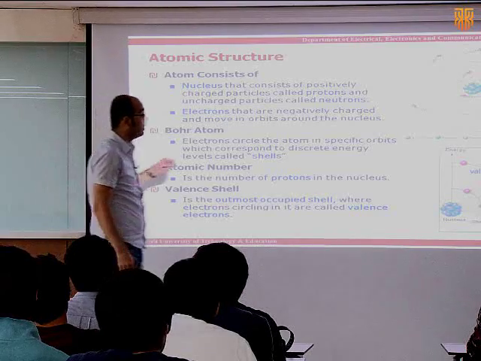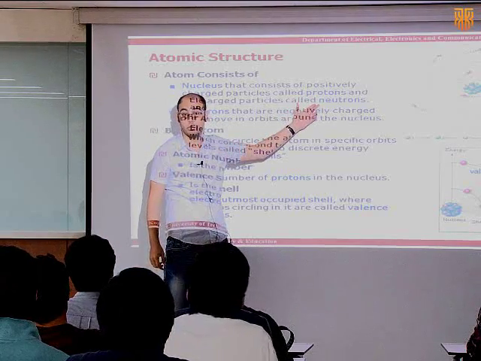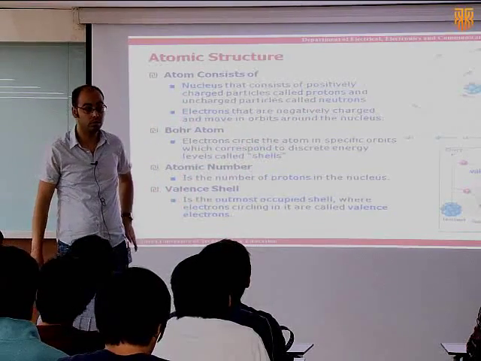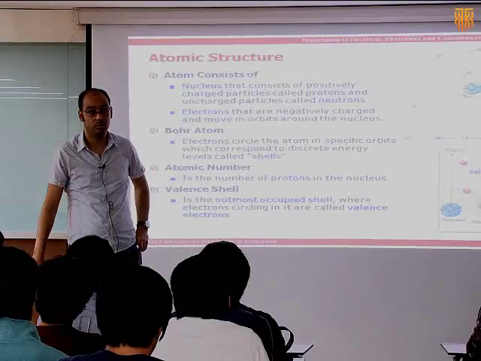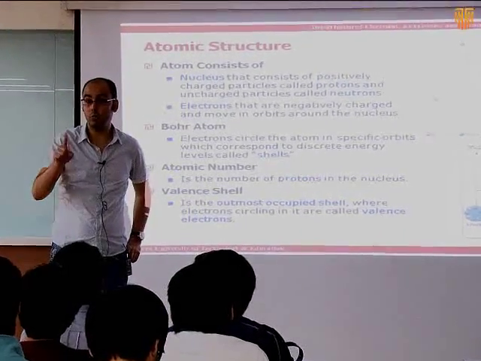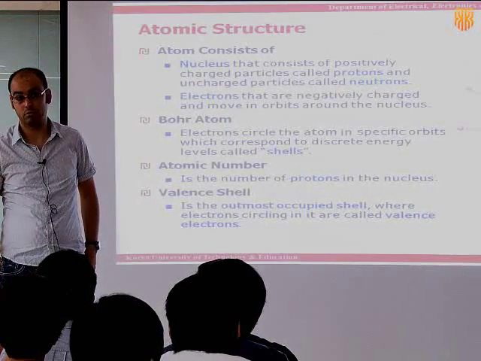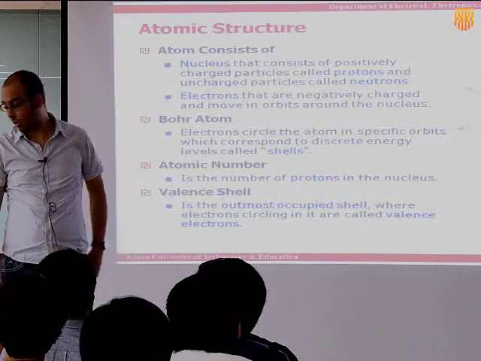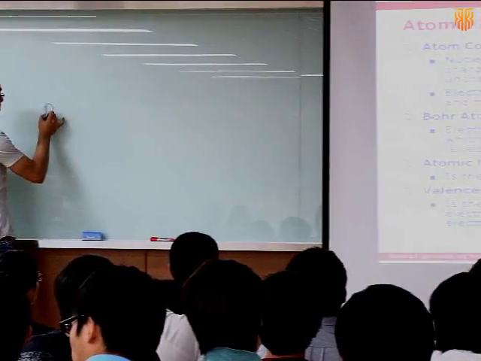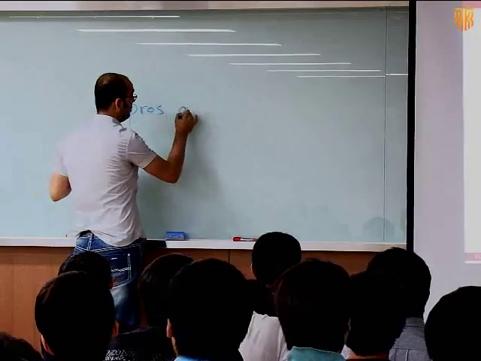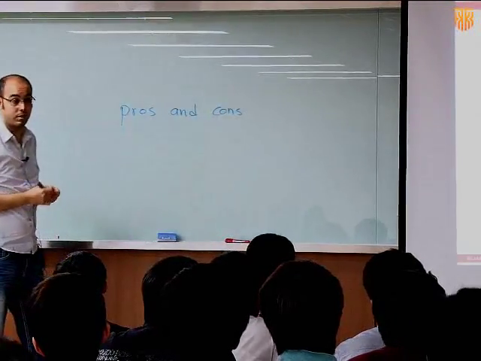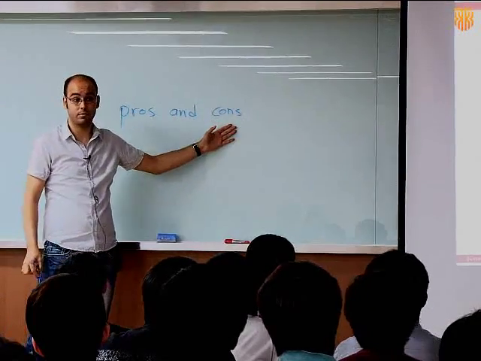The first thing, we call it a proton. Proton, it means what? What does it mean, a pro? What is the opposite of a pro in English? Usually we say pros and cons. We say with or against.